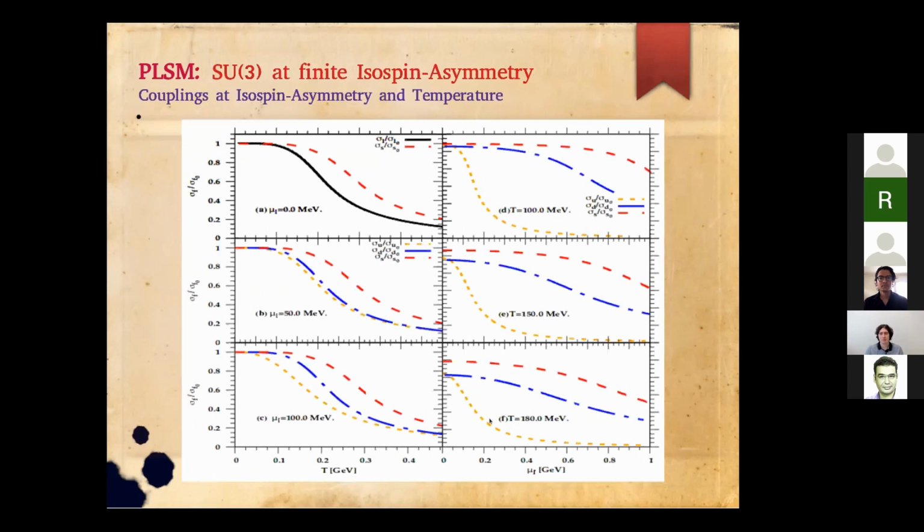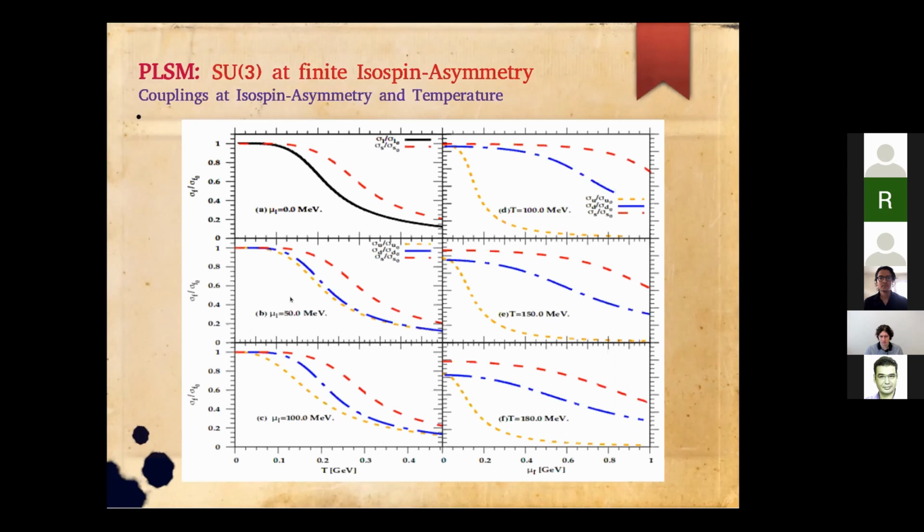Here are the couplings. There was a question about the couplings and whether they remain finite. In our model, they do not remain finite. Here they change with the temperature and with the isospin chemical potential. Here we start with zero isospin chemical potential, where normally we cannot distinguish between the light and strange condensates.